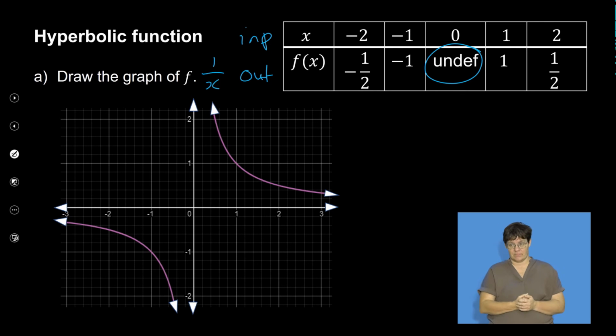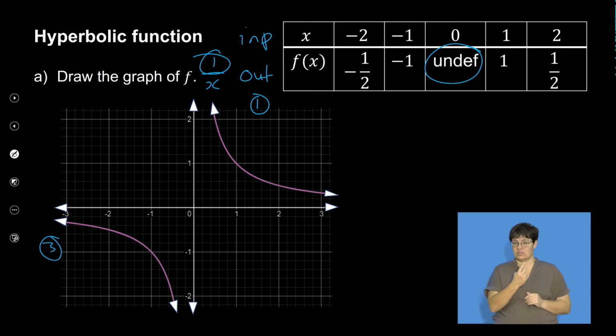Because a is positive, which is 1, already I know it must be in the first and the third quadrant, right? So already I know something about this graph. And then I can plot my values just as I see them: minus 2 goes with minus 1 over 2, which is somewhere there.